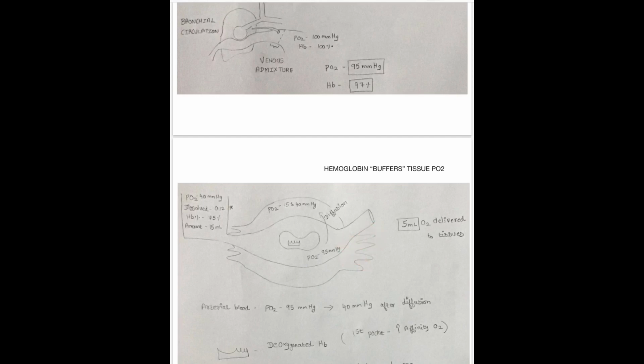So due to this venous admixture, the partial pressure of oxygen is 95 and hemoglobin saturation is 97%, and the amount of oxygen content in the blood is 20.4. So this oxygenated blood from the artery enters the arterioles and then the capillaries of the muscle tissue.